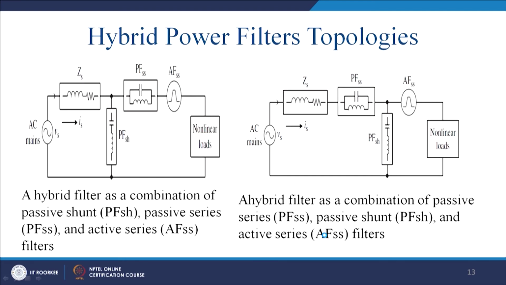Now, let us see again, in the T network you can add one series passive filter. Sorry, it is not a T network, this is a source impedance and you have a combination of the active and passive, and you put the shunt first, then after that the series entity, and here the difference is that you put the series part first, then only you put the shunt.